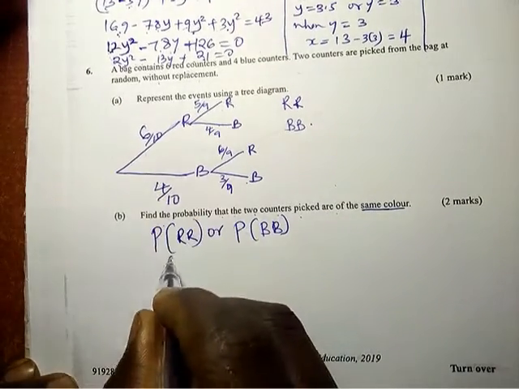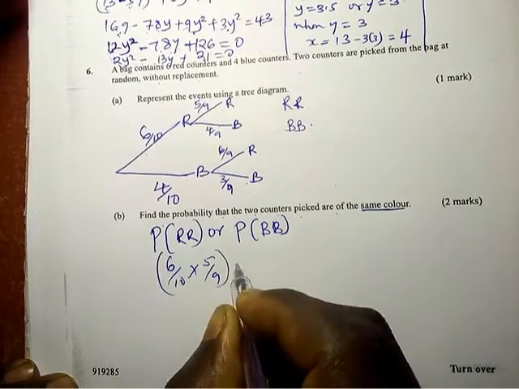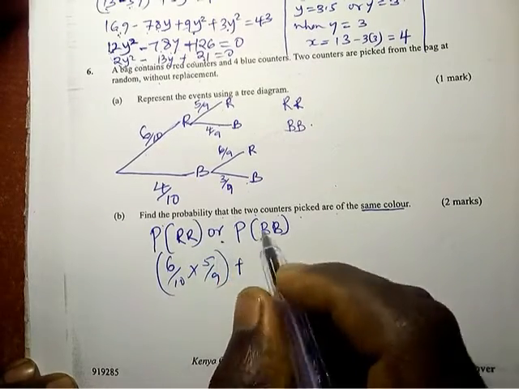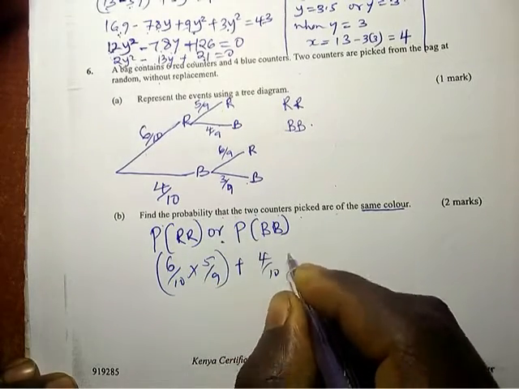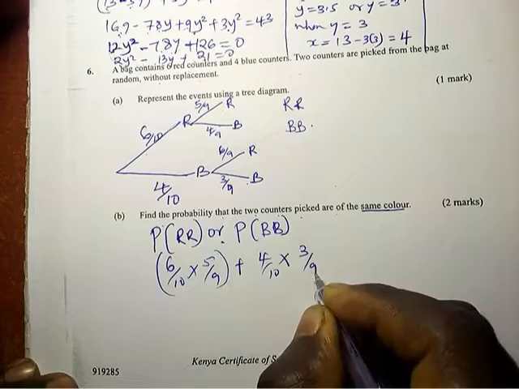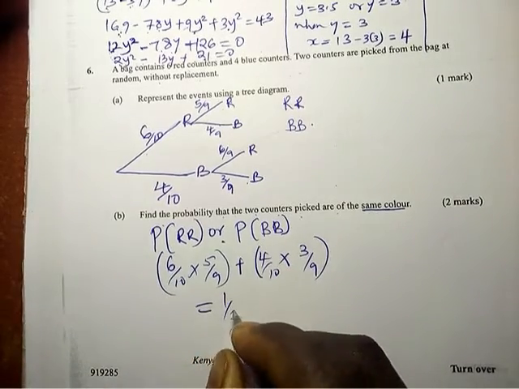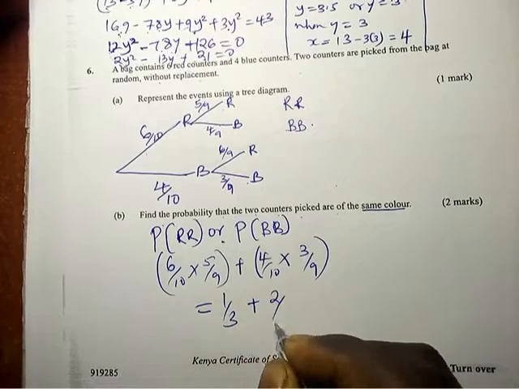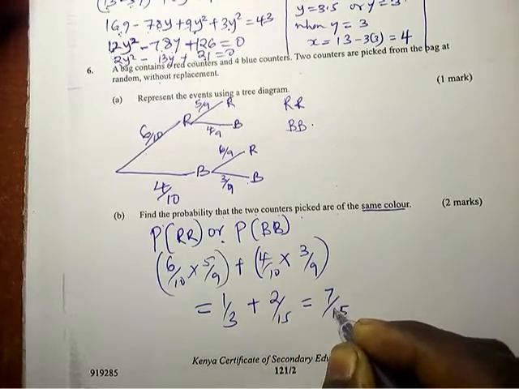And that one is 6/10 times 5/9 plus, or means plus, 4/10 times 3/9. And this one is 1/3 plus 2/15, 7/15.